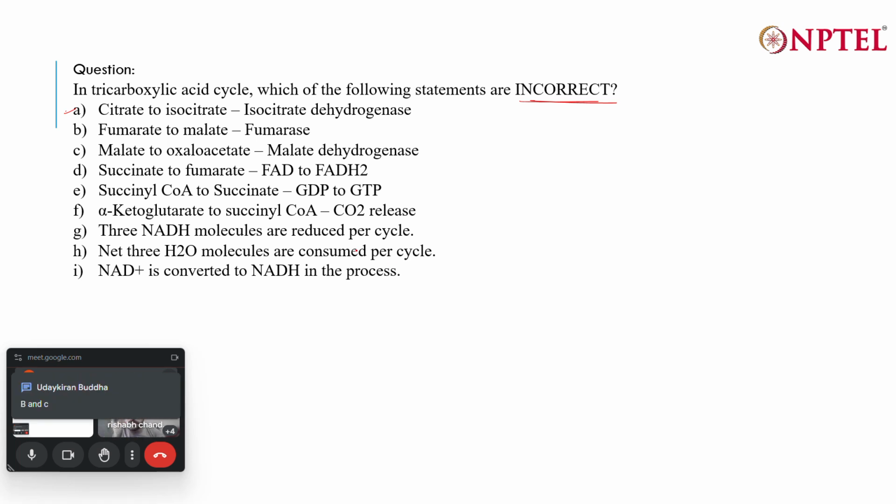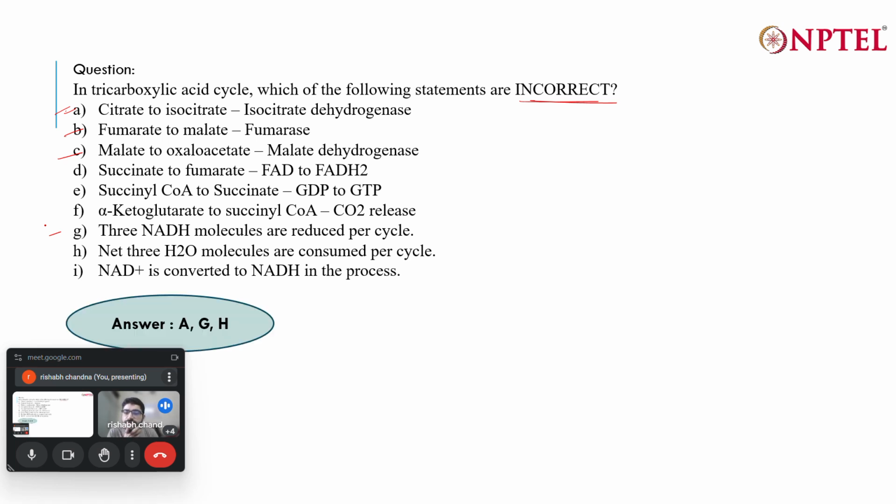B and C. A and G. Okay. Yes, someone raised a hand. You can ask the doubt. Okay. So the correct answer is A, G, and H. So these are the incorrect statements.